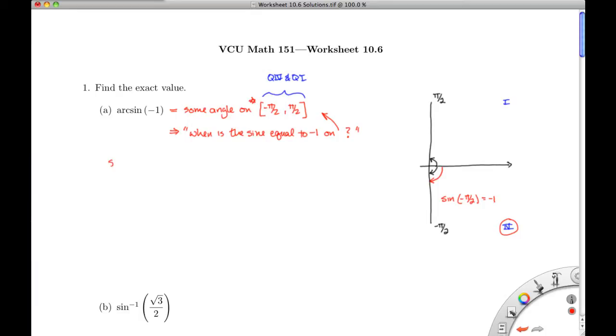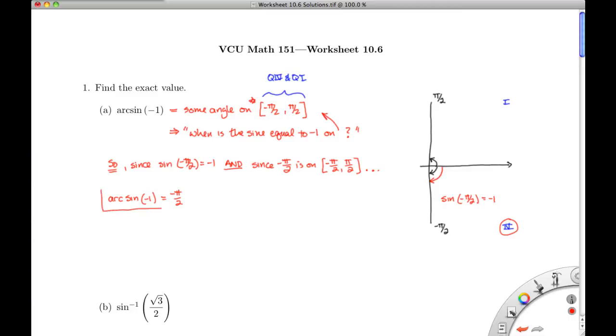So here's what we can consider now. Since the sine of -π/2 is equal to -1, and since -π/2 is on our restricted interval of angles that we can expect to get out of the arcsine, then we can conclude that the arcsine of -1 is equal to that angle, -π/2.